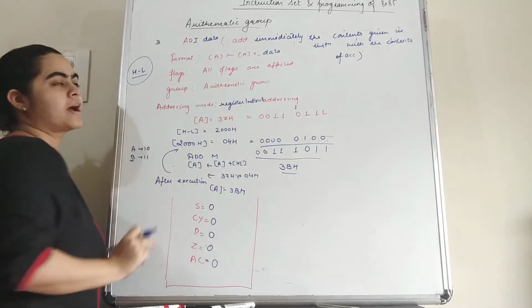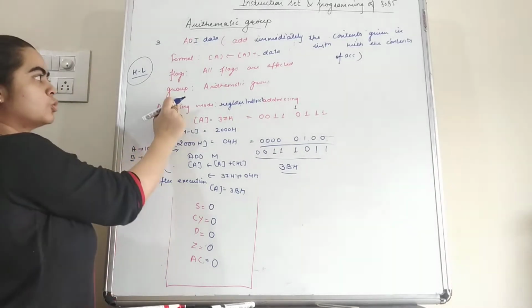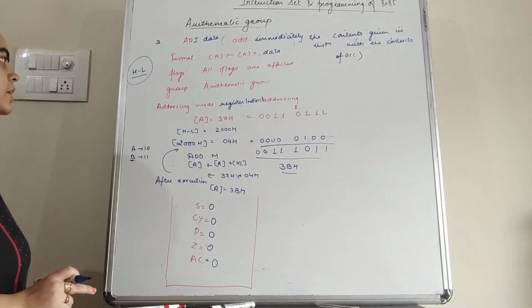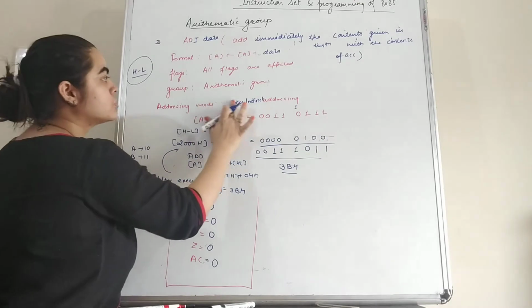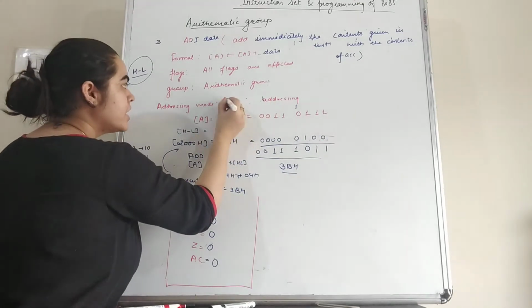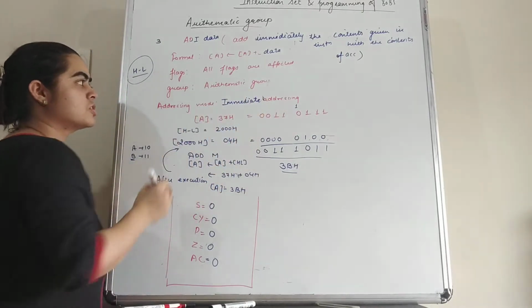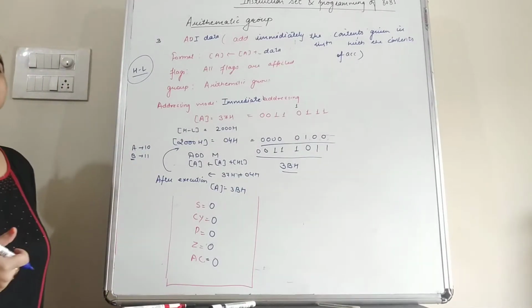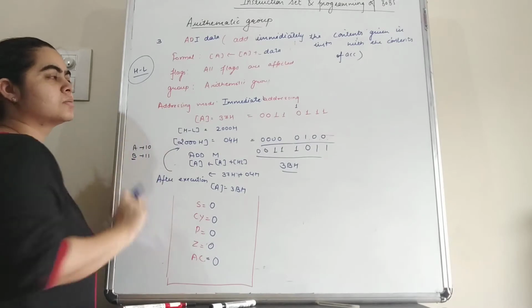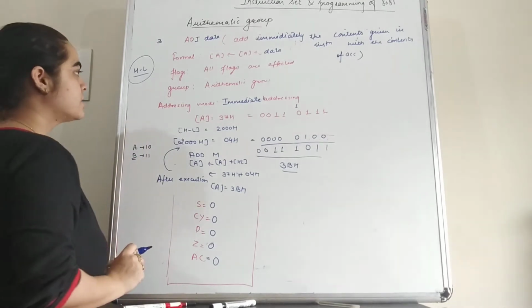All the flags are affected. This comes under the arithmetic group. The addressing mode is immediate here, because the data is given directly in the instruction. If the data is given in the instruction, the addressing mode is immediate addressing mode.